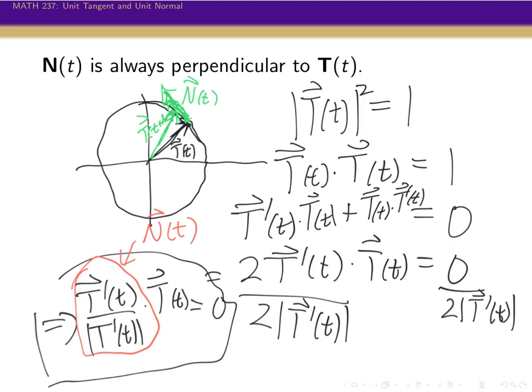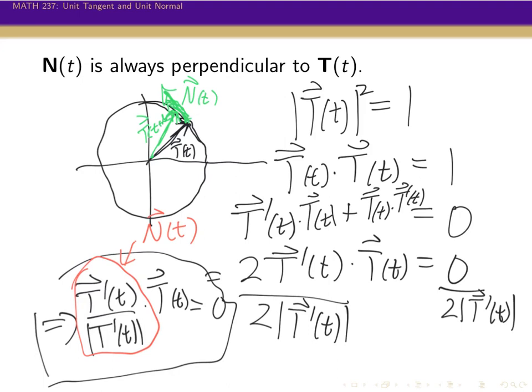And you can see in this first picture right here, which way then is the unit normal vector going to go? Well, you're doing your unit tangent, and in this case, it looks like as you move, the tangent is turning to the left a little bit, and the unit normal then is pointing that way. And so the unit normal is always going to point in the direction that you're turning.